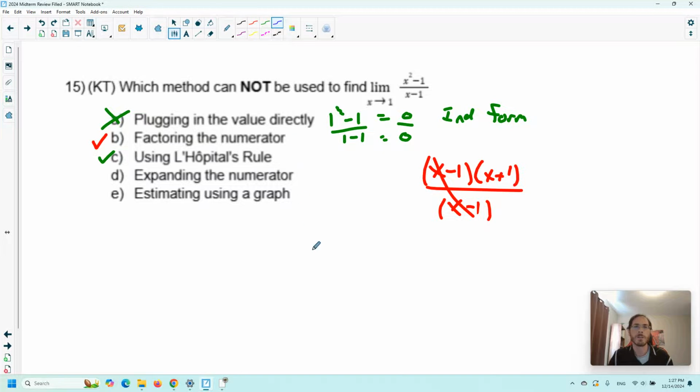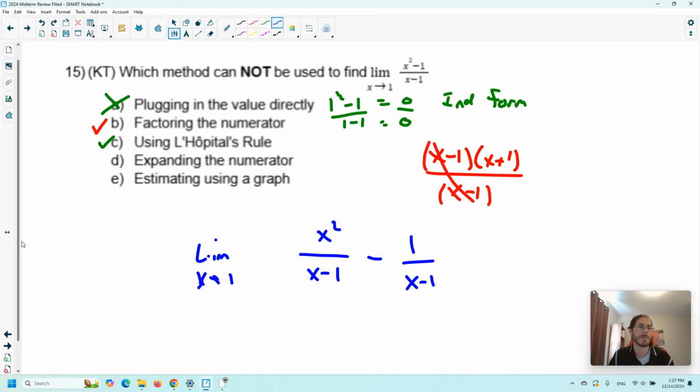Expanding the numerator. Let's see what we do if we do that. That would be x squared over (x minus 1) minus 1 over (x minus 1). Now, this is the limit as x approaches 1.